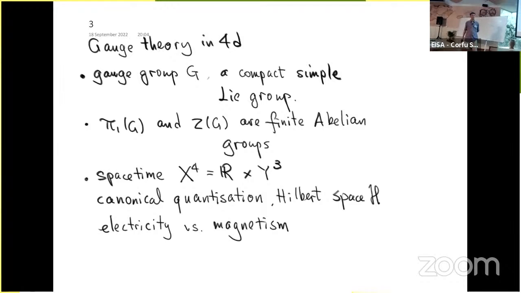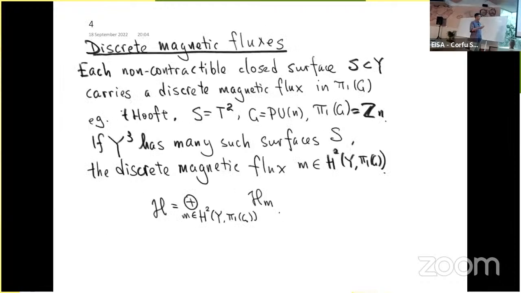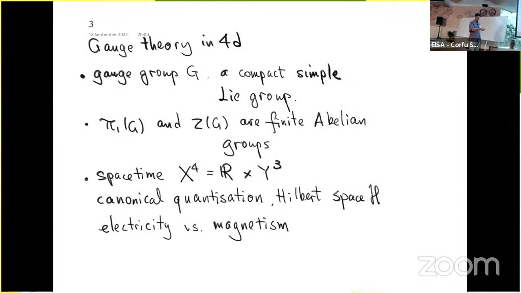Now, let's assume we have a four-manifold which has a space-time splitting, so it's the timeline cross a spatial three-manifold. Although we can treat the path integral for an arbitrary closed four-manifold, which is not a product, in order to do canonical quantization we do need such a space-time splitting. Such a splitting will also enable us to separate electricity and magnetism.